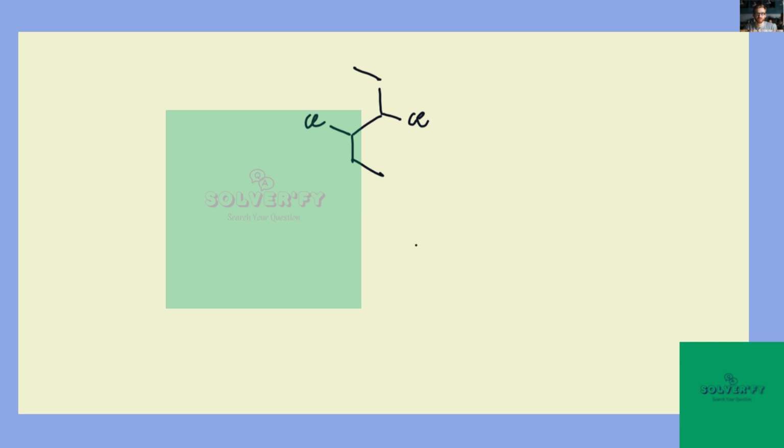Now, one important thing to recognize about meso compounds when you have exactly two stereocenters is that they can never be SS and they can never be RR. They must be SR. And when they are SR, they are also RS, right?